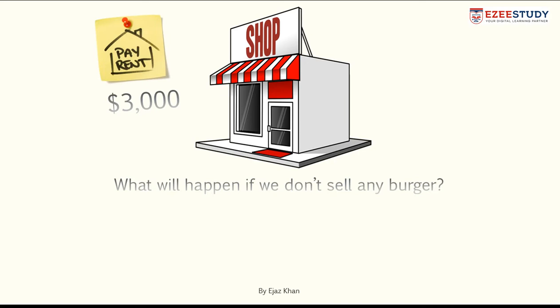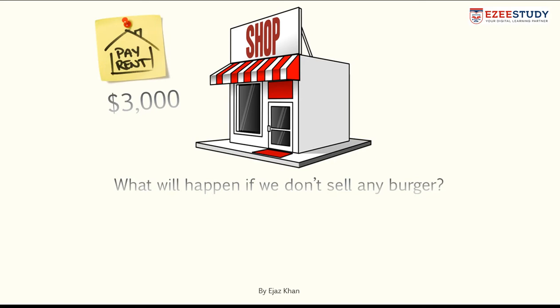If we don't sell any burger, we won't be preparing any burger. So, we don't have to buy the buns, we don't have to buy the materials, so that $4 won't be spent. On the other hand, we won't be able to earn that $10 as well. So we won't be spending $4, we won't be earning any $10. But we still have to pay the rent, which is $3,000.